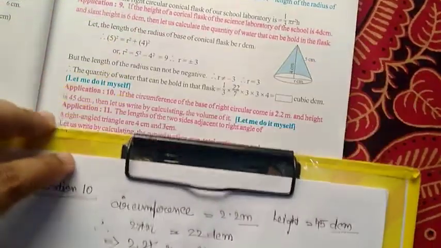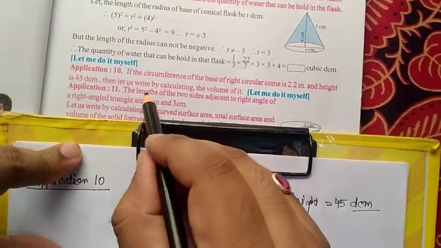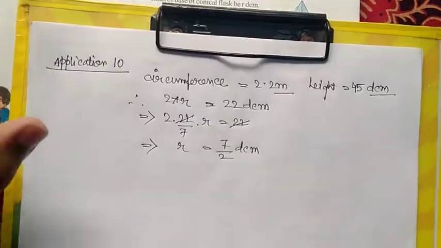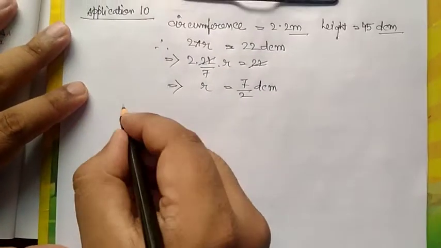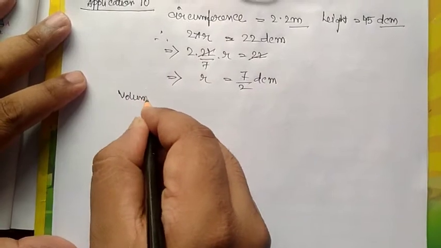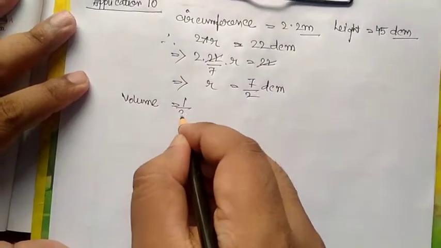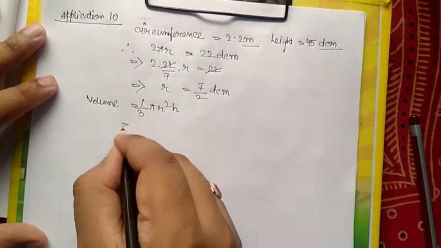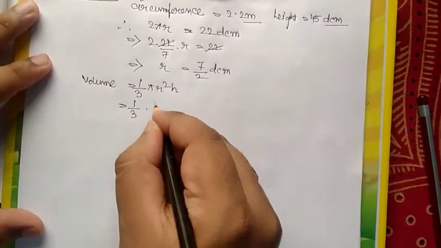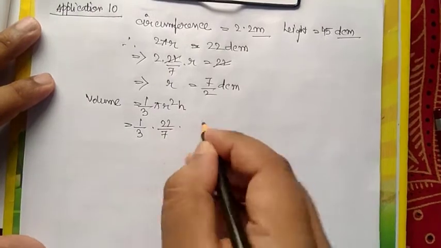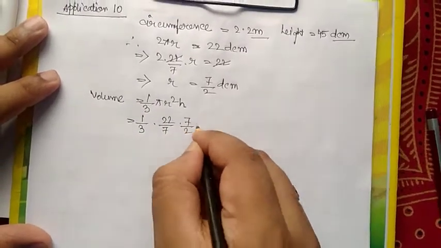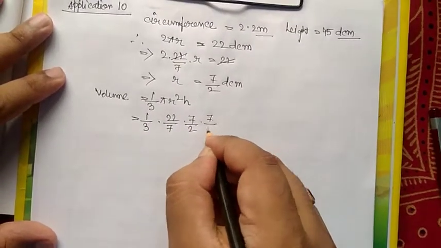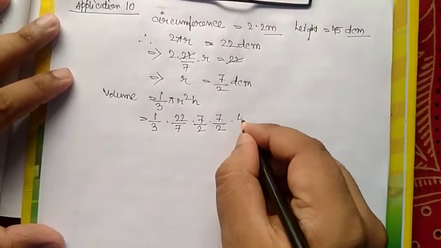We have to find the volume. So volume equal to 1 by 3 pi r square h. So 1 by 3, pi means 22 by 7, r means 7 by 2 into 7 by 2, h means 45.